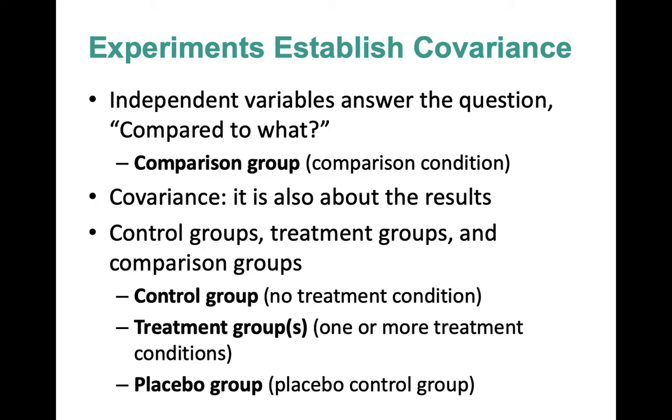Not all experiments have a true control group or need a control group. So that would be one. The other way to think about it is that you can have an experiment that has two treatment groups and the two different treatments can be compared.